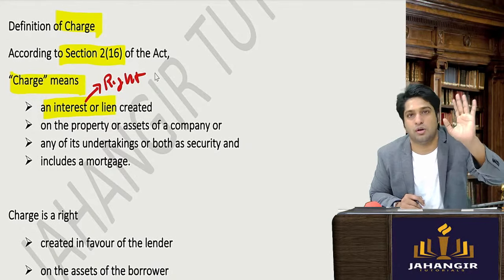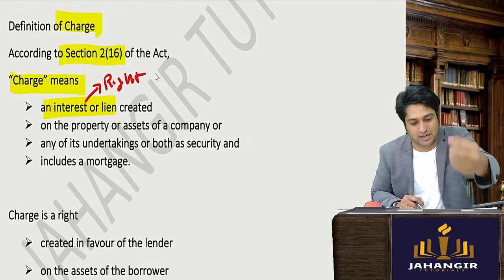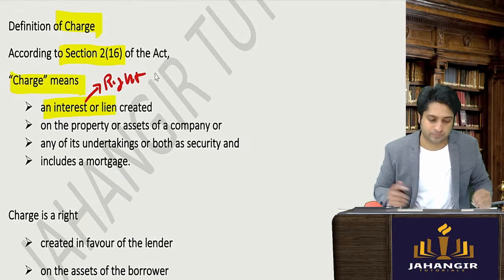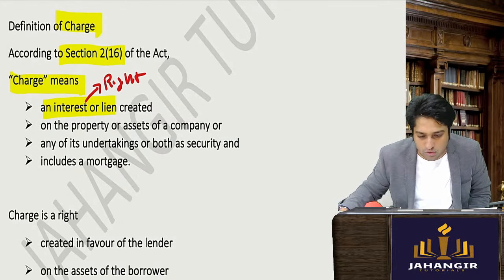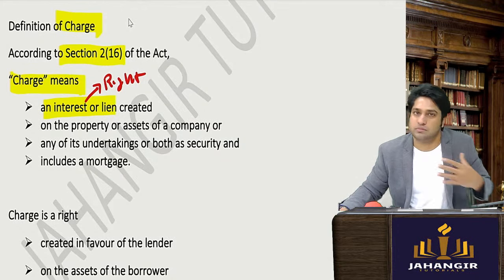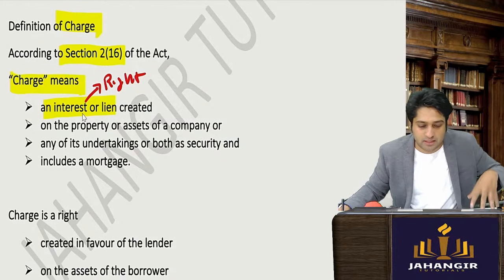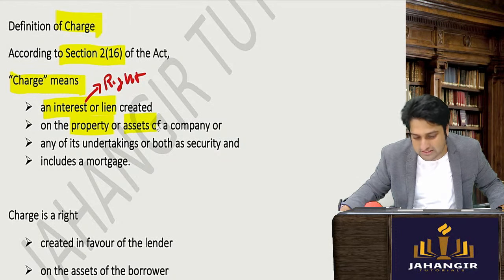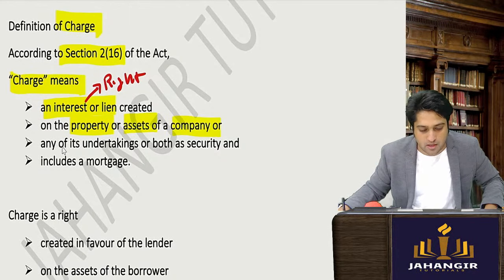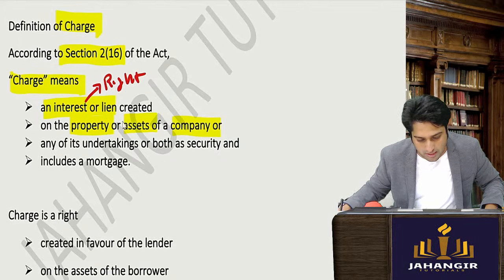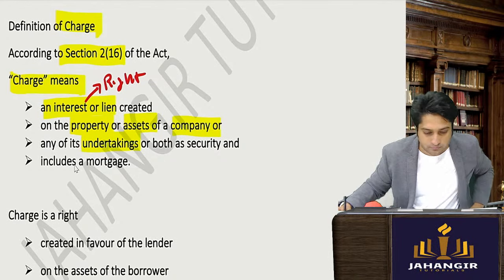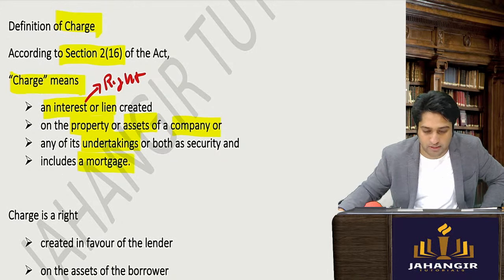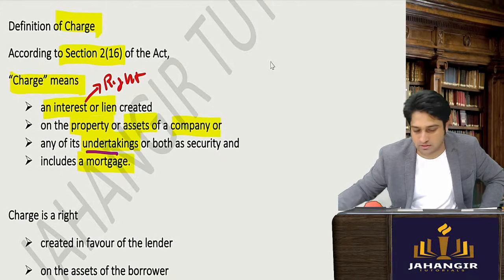I'm giving you control. I'm giving you rights. I'm transferring my interest to you. So now the borrower, the companies nowadays, they transfer these rights. They keep their property or assets as security on any of its property, assets or its undertaking, and includes a mortgage.